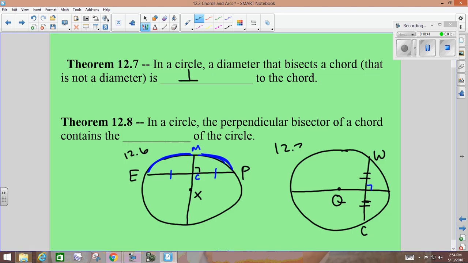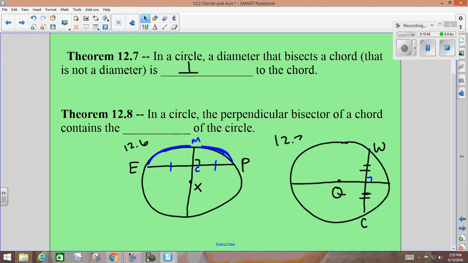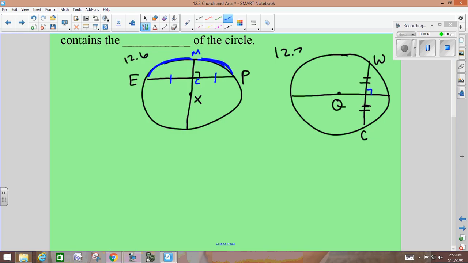Then the third one, in a circle, the perpendicular bisector of a chord contains the center of the circle. All right.